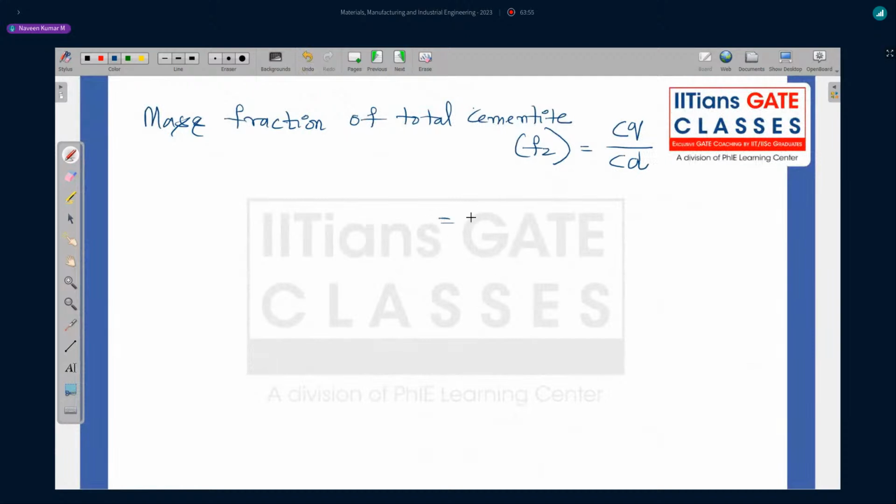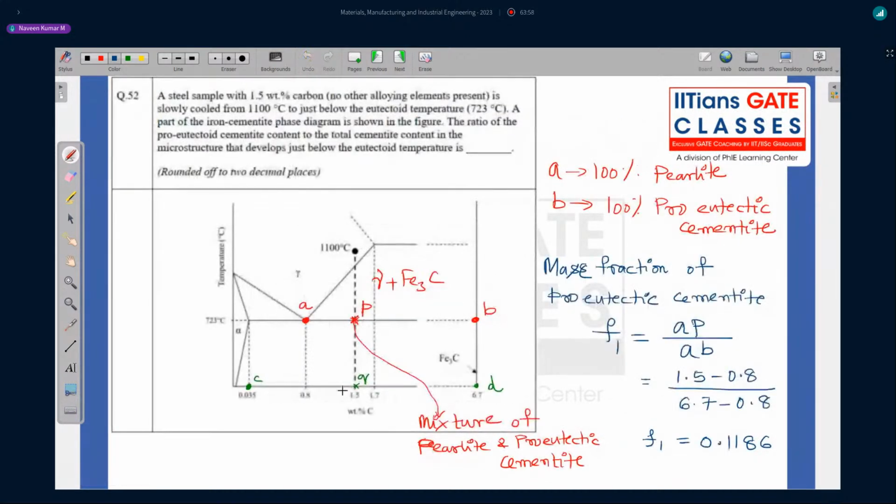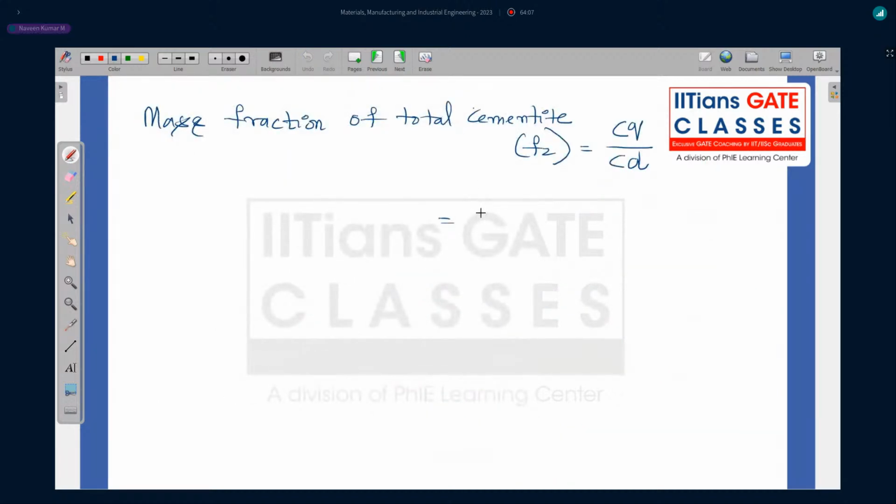What is CQ? CQ is 1.5 minus 0.035, and CD is 6.7 minus 0.035. It's called the lever rule, and the fulcrum is at Q here. So you'll get around 0.2198, something like that. Let's say this is F2.